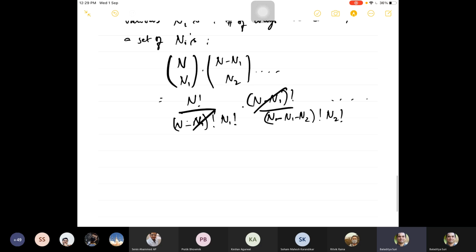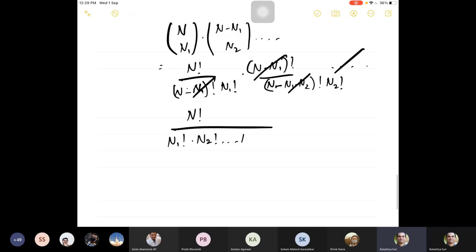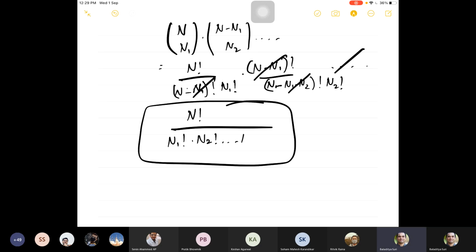Now all these things get cancelled, and what you have left ultimately is a term like this. You could have arrived at this in a much simpler way using what is called the multinomial expansion. But in any case, this is the combinatoric factor that we need to consider.